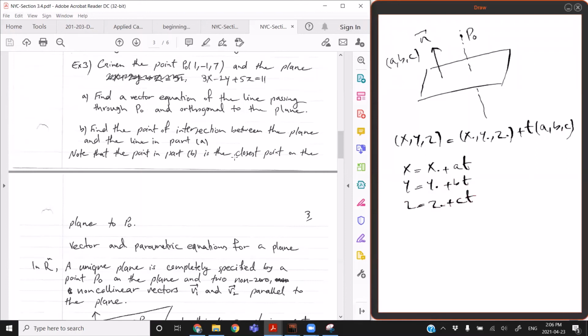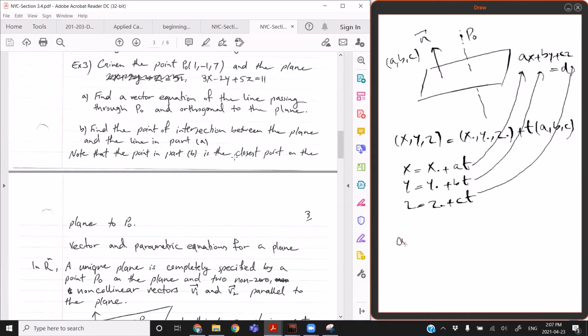Then if you need to find the point of intersection between the plane and the line, assuming that the plane is Ax plus By plus Cz is equal to D, you would just need to plug in these values into X, Y, and Z, and then solve for t.